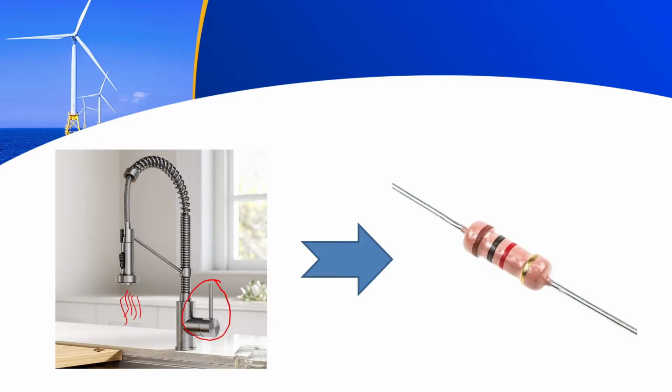So, this control ng faucet is maihahalintulad natin siya sa resistor. Okay? So, ang resistor is siya yung nag-o-oppose ng flow ng current. Kapag mataas yung value ng resistor natin, halos mababa na lang yung current natin. Kapag masyadong mababa naman yung value ng resistor, masyadong mataas yung mag-flow ng current. Halos kasing siya dito sa gripo.